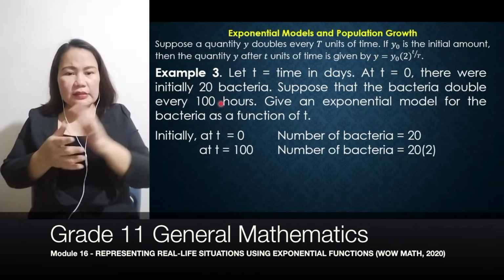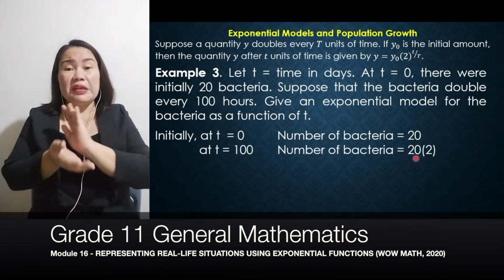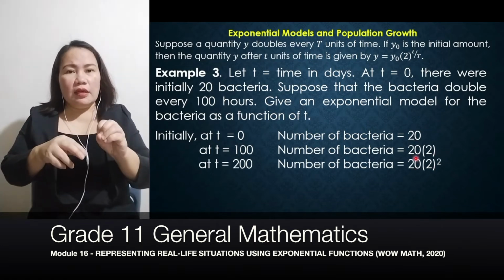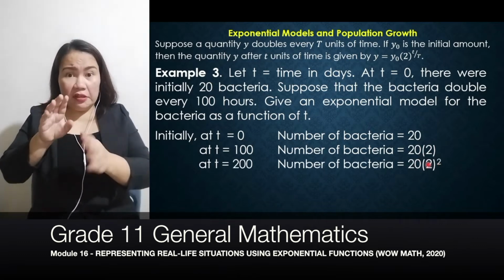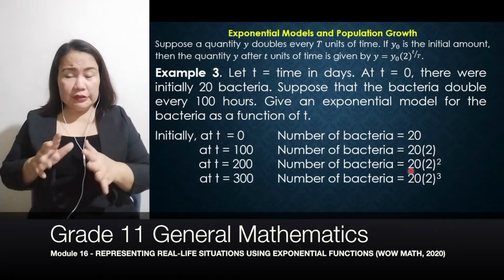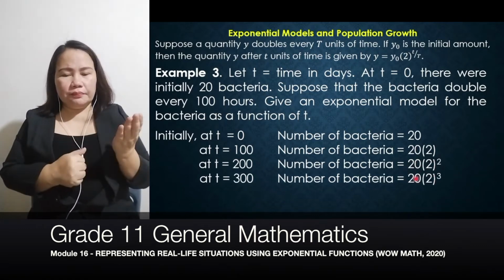So pagdating ng 100 hours, so yung number of bacteria na is 40 because 20 times 2 is 40. So pagdating ng 200 hours, dodoble na naman yung 40 na yun, so magiging 80 na. So 2 squared, that is 4, times 20, that is 80. After 300 hours, so dodoble naman yung 80 na yon, and that will become 160.